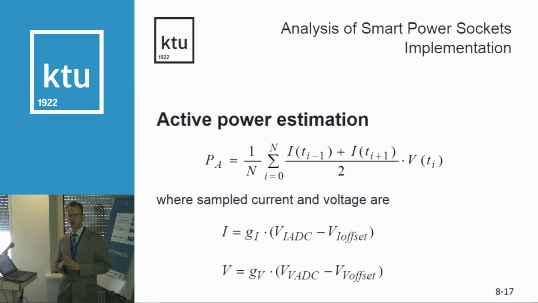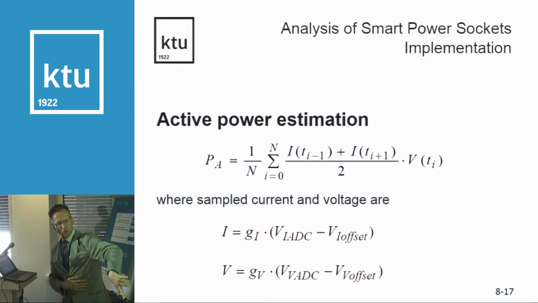If you come back to the analog, then the current and voltage that we sample, before substituting into the formula which is calculated by the processor software, have the gains of the measurement channels from the real current and voltage.